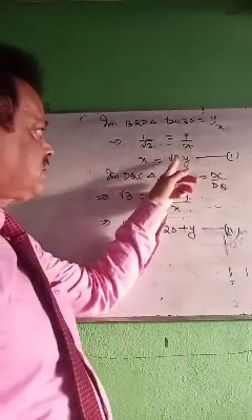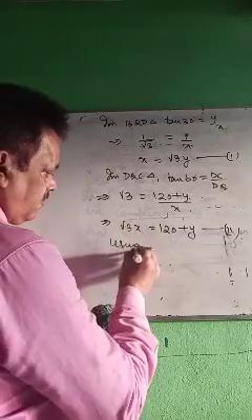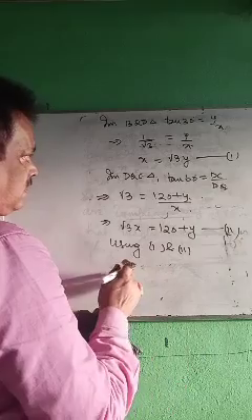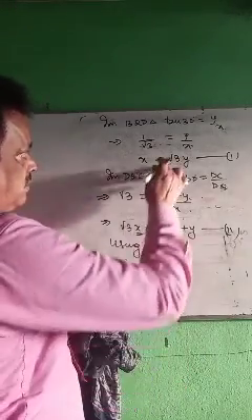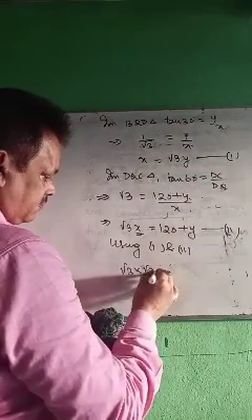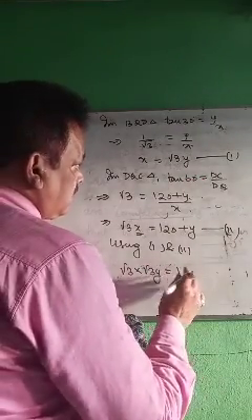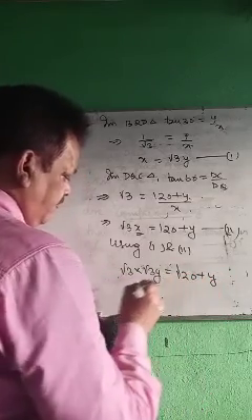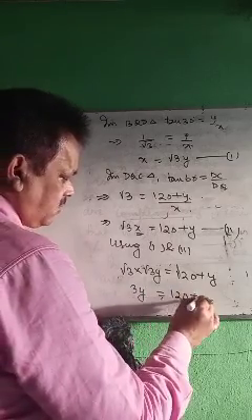So x is how much? Root 3y, using 1 and 2. Root 3 into x, root 3y equals to how much? 120 plus y. 3y equals to 120 plus y.